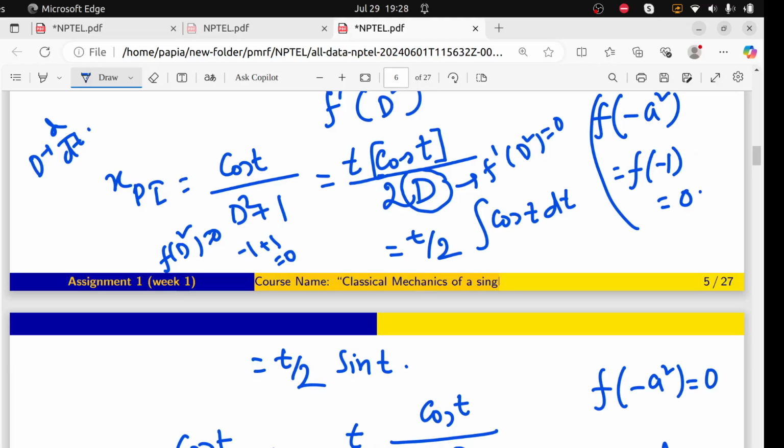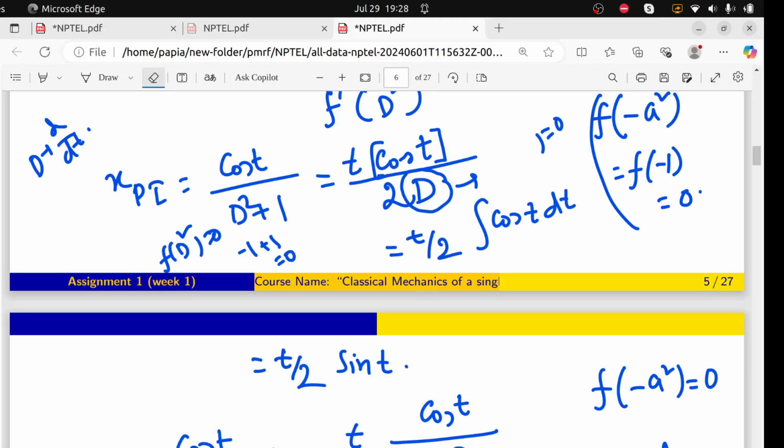That means t square will be there. Again I have to take the second derivative in the denominator. But for my case only first derivative was 0, but f prime d square was not 0. F prime d square, you can see if d equals to 1 minus 1 I am putting, then it will be non-zero. So I can use that one, no problem.